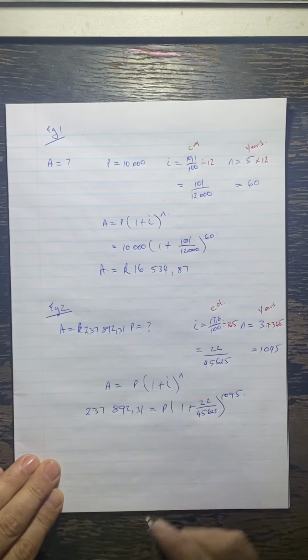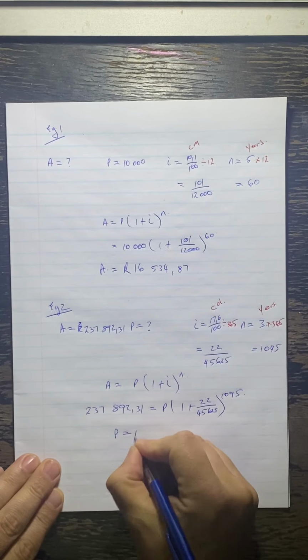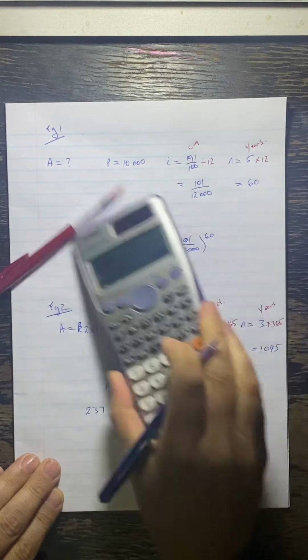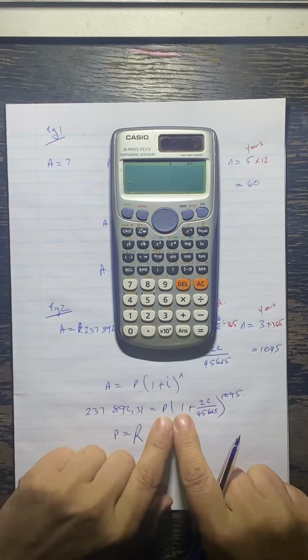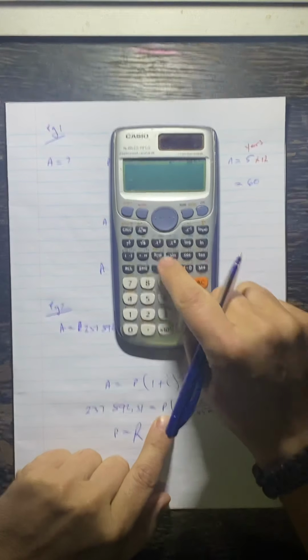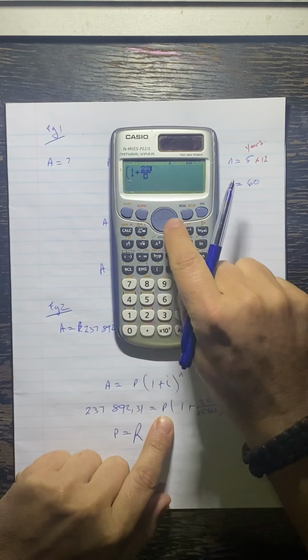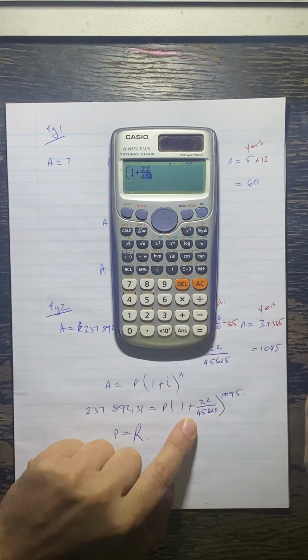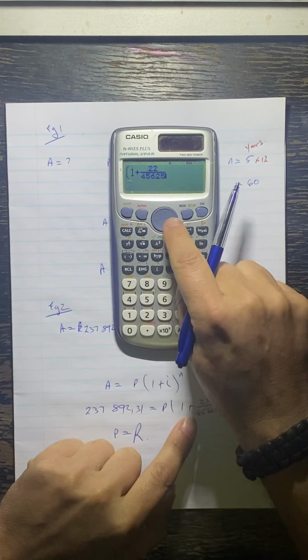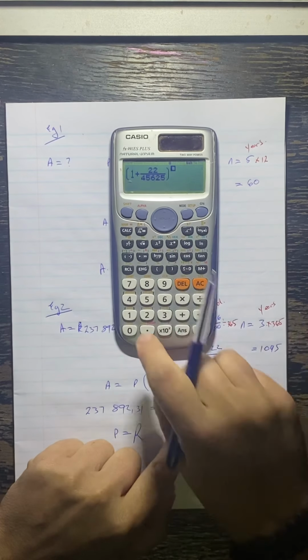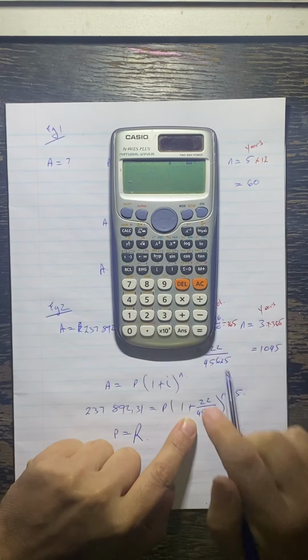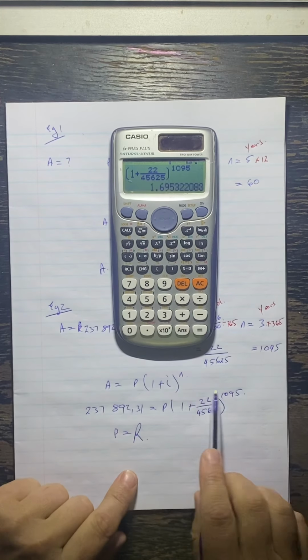Okay, and we want to get the P on its own, guys. So what I do is I work out what this is over here. 1 plus 22 over 45,625 to the power of 1095. Okay, and I get an answer. Now that's what that's giving me.